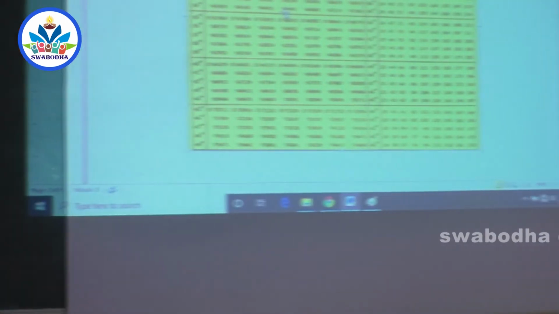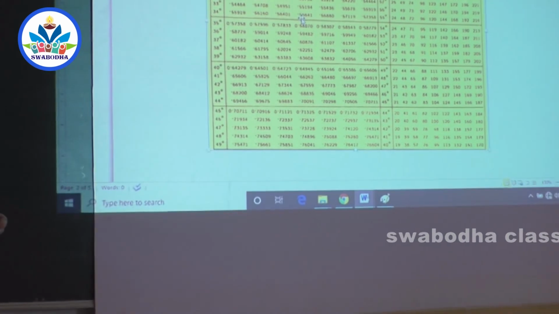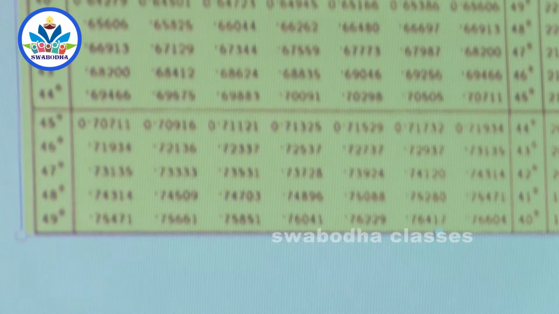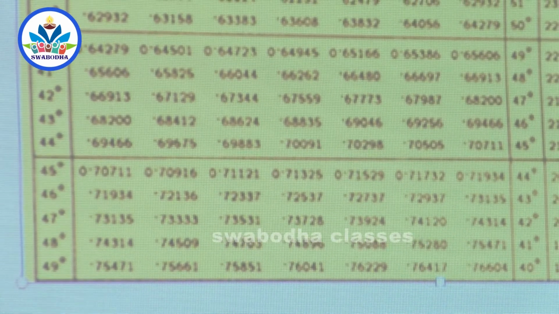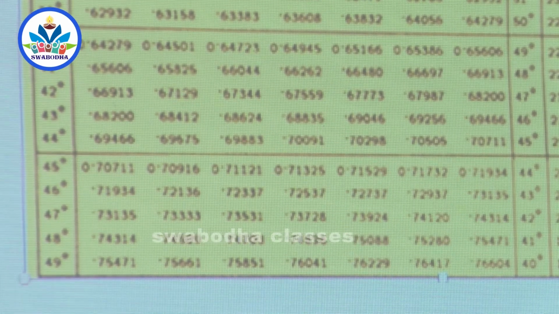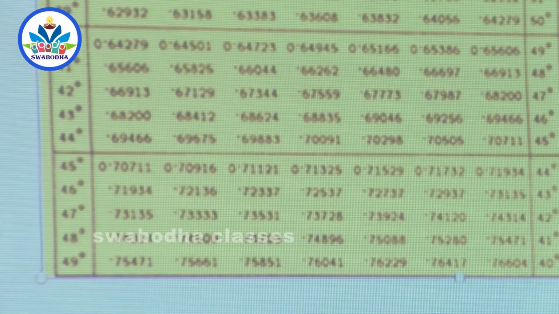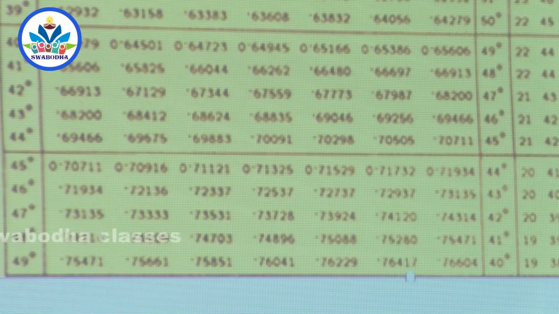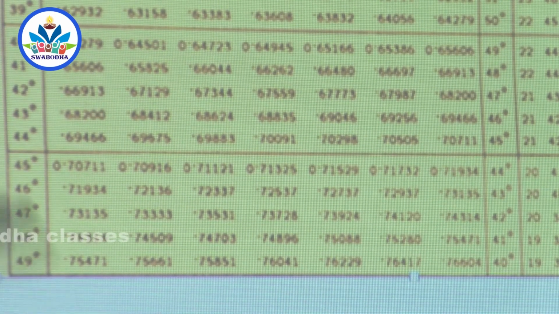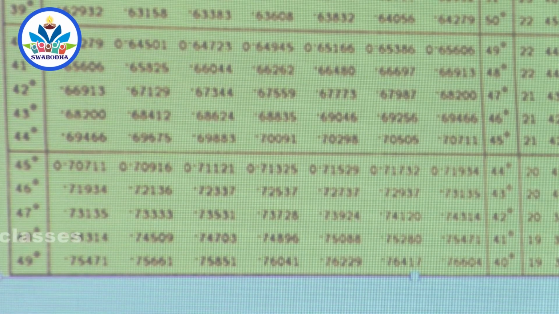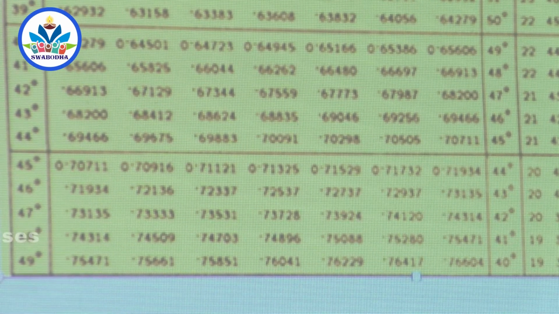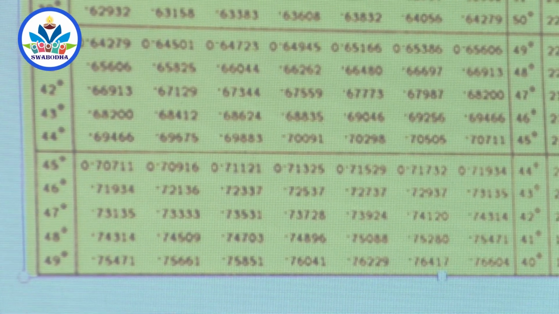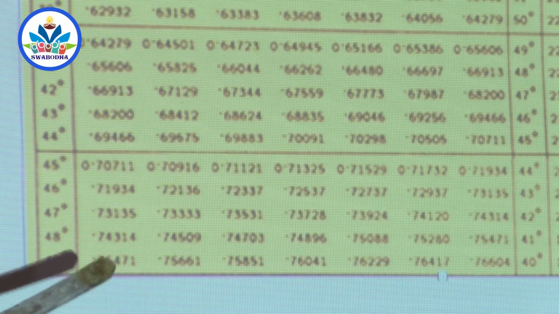See, you know sine 45 is 1 by root 2, which is 0.707. And sine theta values increase as theta increases. So it should be more than 45 degrees. Sine 45 is 1 by root 2, which is 0.707, and we need 0.75 now, so the angle should be more than 45.